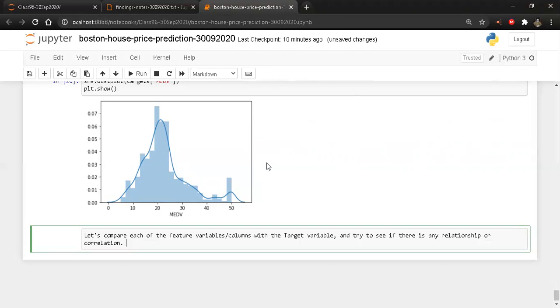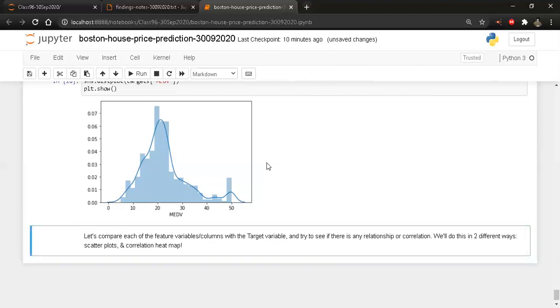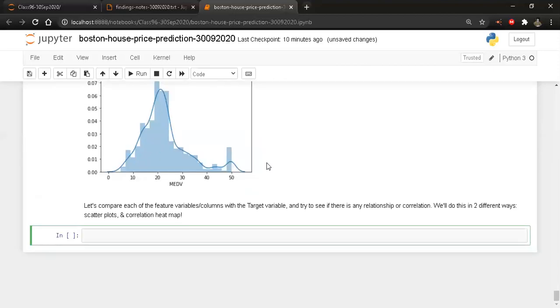Okay, we'll do this in two different ways. One very easy way, draw the scatter plots, right? First we are going to use the scatter plots, and then we are going to use the correlation heat map, right? So both of these methods will be more than enough for us to do this activity.